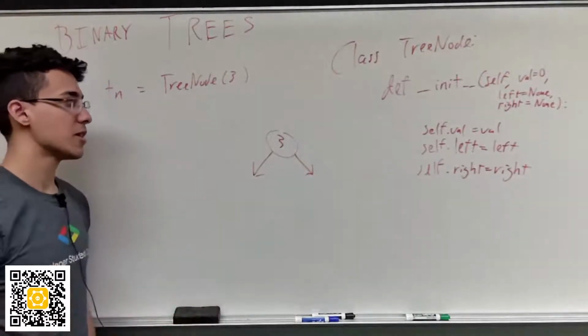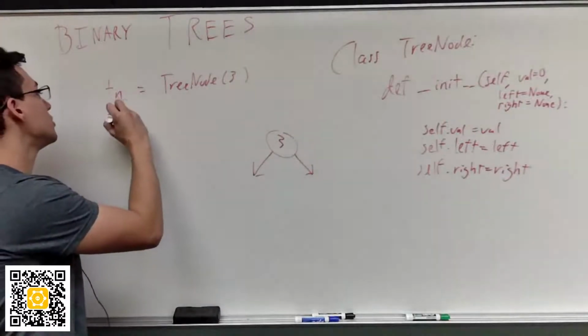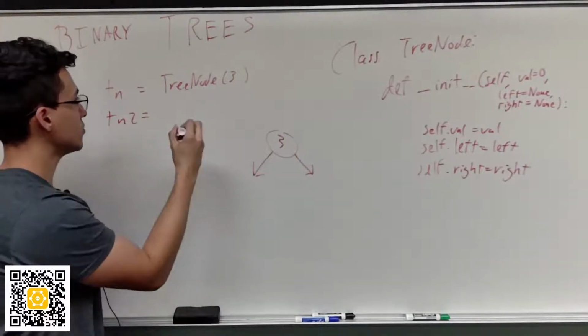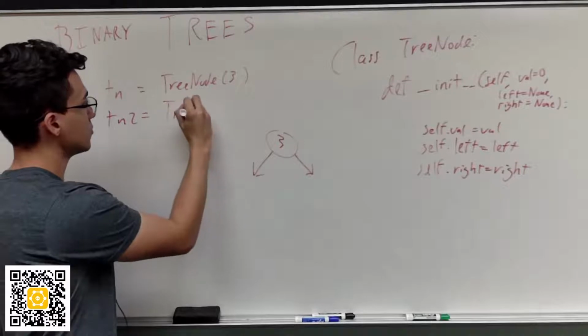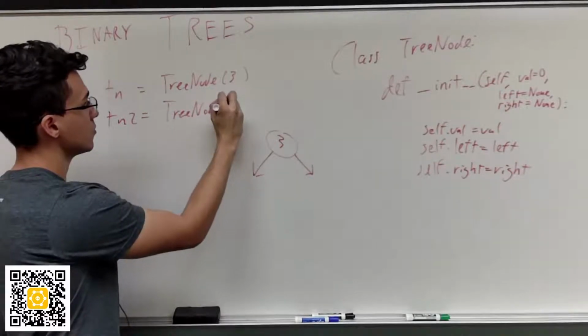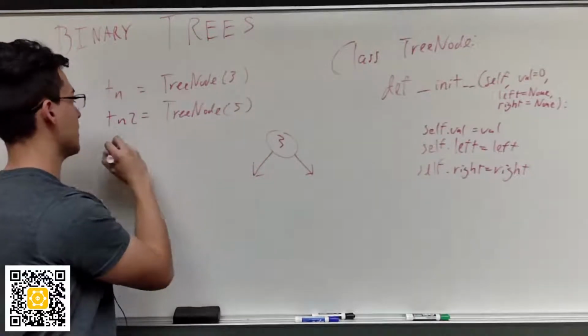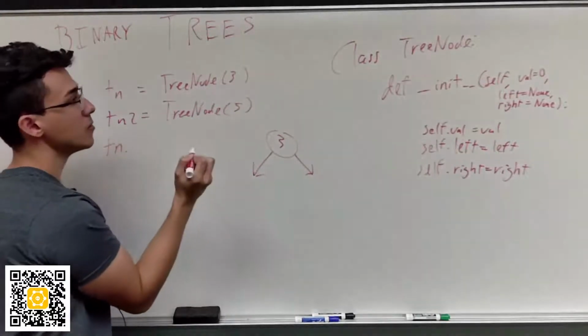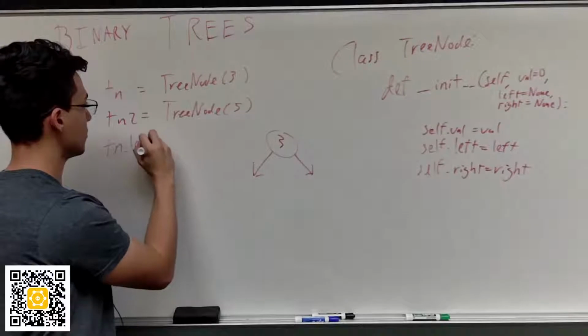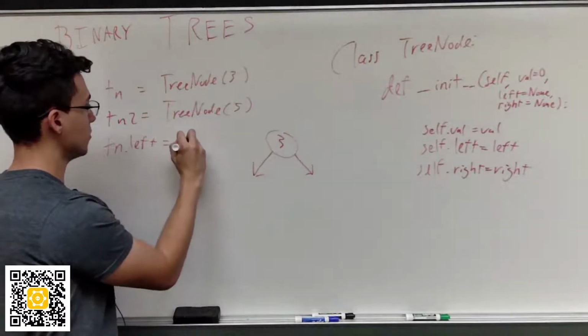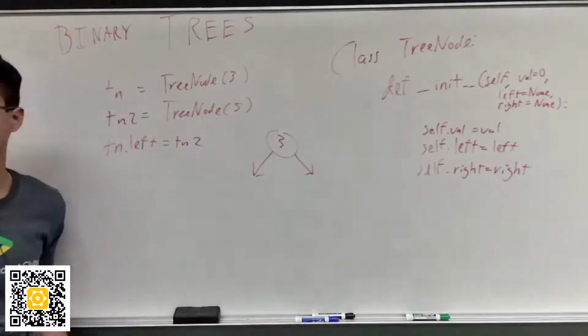So that's this. And I can do tn2 equals TreeNode with 5, and what about now?